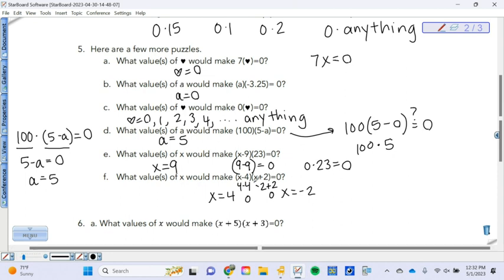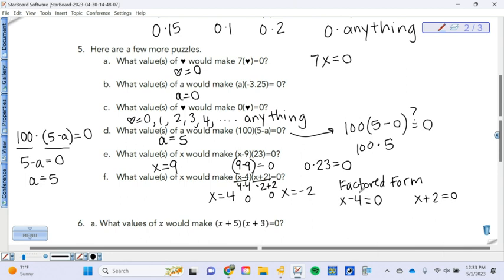So when I have something like this, what kind of form do we call this when I've got two binomials multiplied by each other? Factored form, good. So when I have something in factored form like this, I just need either one of my factors to be 0. So I've got x minus 4 could equal 0, or x plus 2 equals 0.